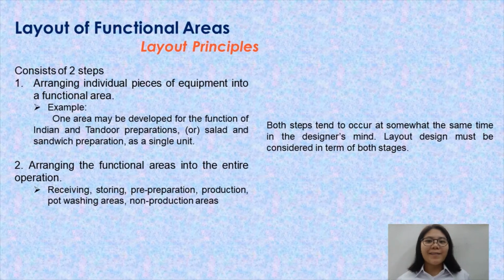Second, arranging the functional areas into the entire operation, such as receiving, storing, pre-preparation, production, pot washing areas, and non-production areas. Both steps tend to occur at the same time in the designer's mind. The layout design must be considered in terms of both stages.